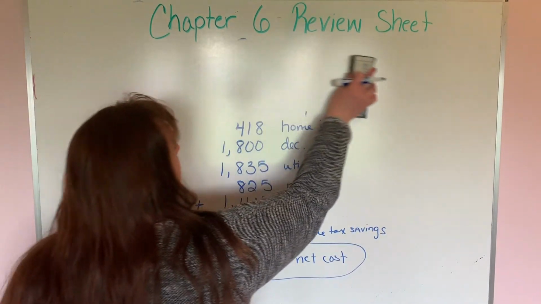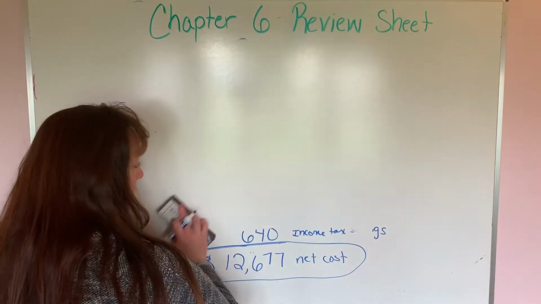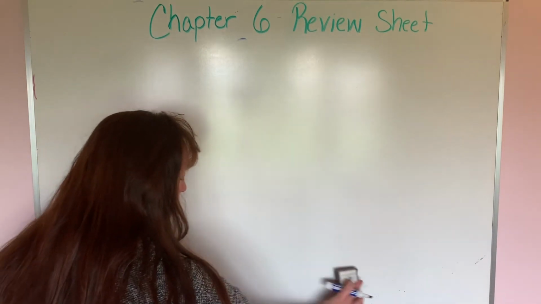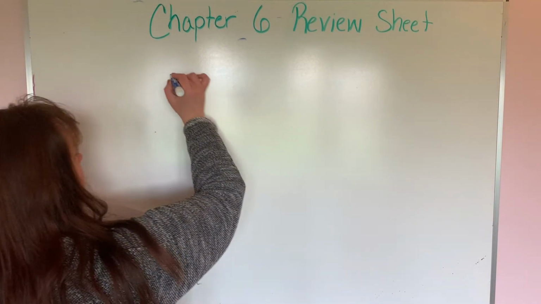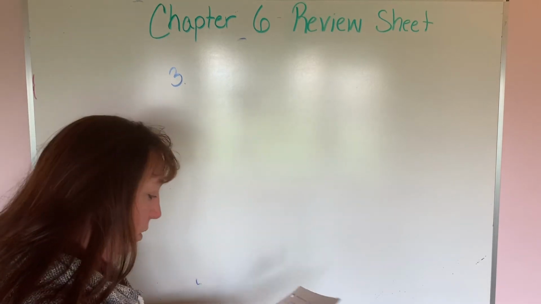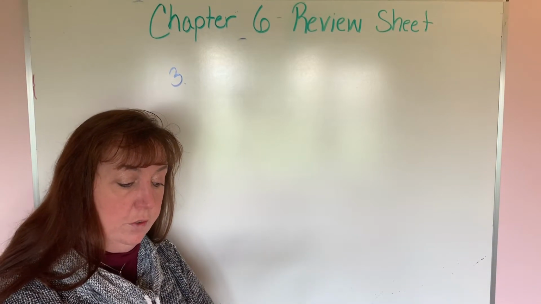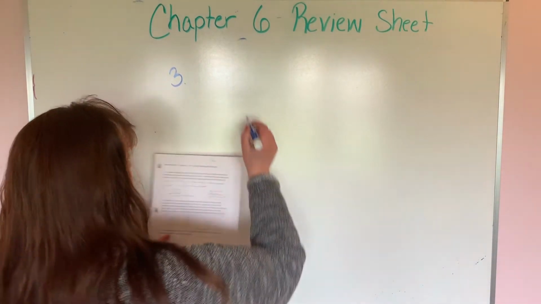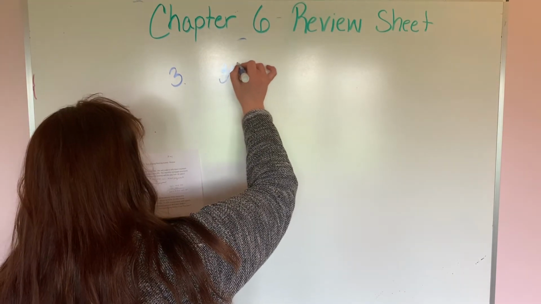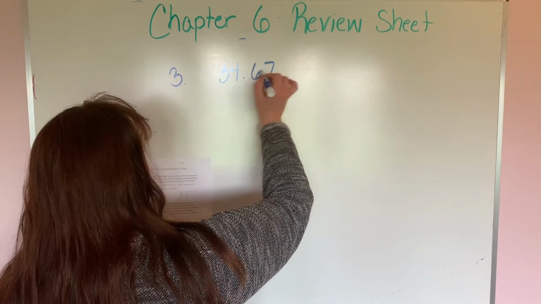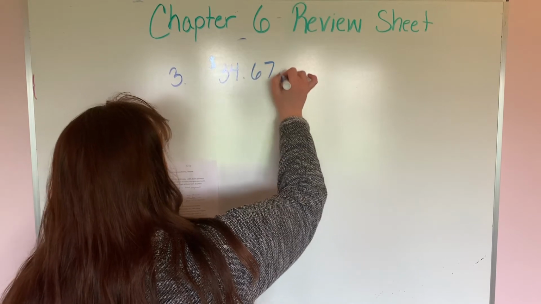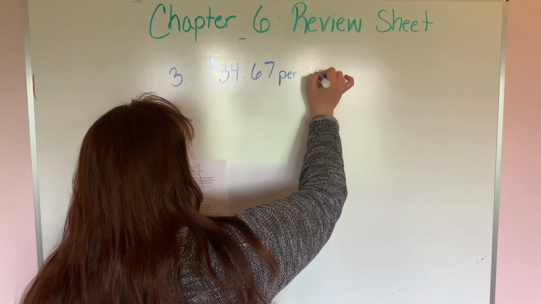Question number 3. Question number 3 says property tax rate is $34.67 per 1,000. $34.67 per every $1,000.